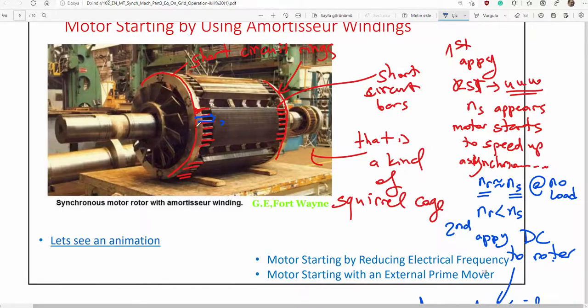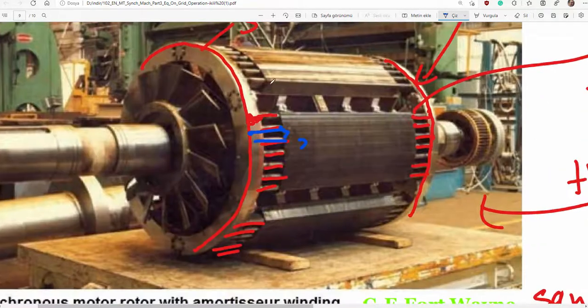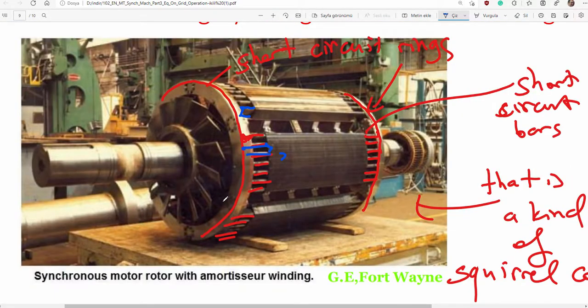And again, in our class notes, here you see damper bars, rectangular, very deep and strong, very large bars. In motors, as an experience, we use larger sized damper bars.